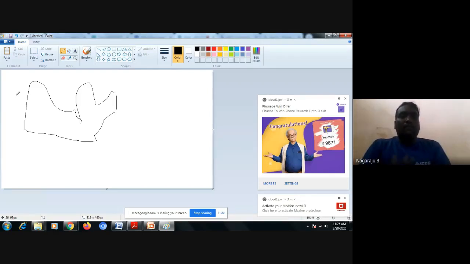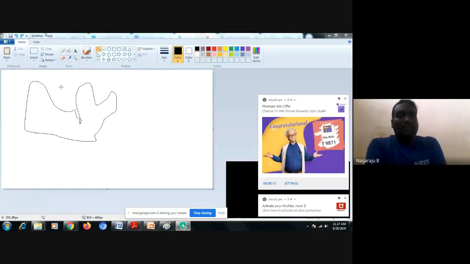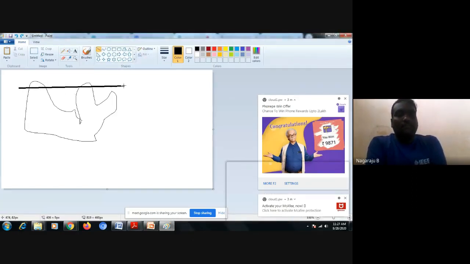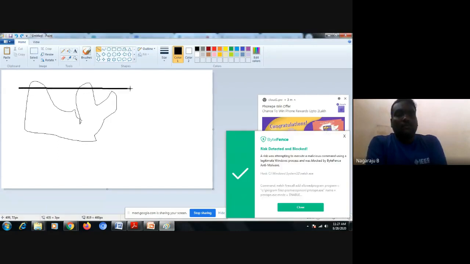I need to find the center. So first of all, I need to draw a straight line on each side. See, here at one side I am taking a straight line.